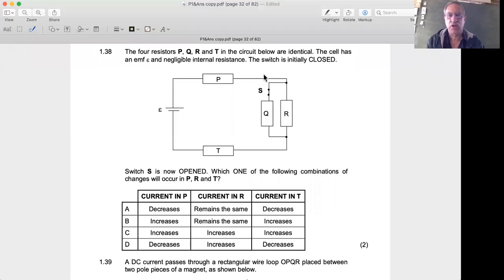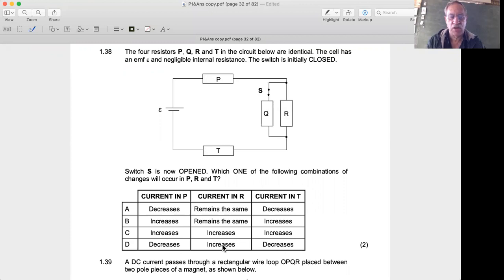Okay, sorry. So the current stays the same through R, but because there's now more resistance here, and because there's one channel missing, the current is going to decrease through P and decrease through T. P and T, and stays the same. Decrease, decrease.